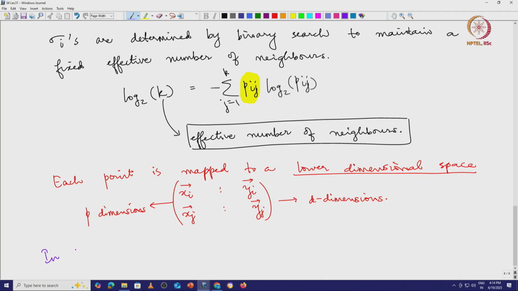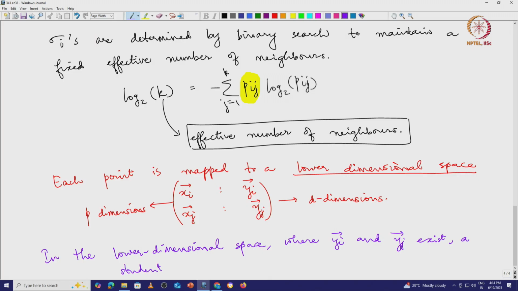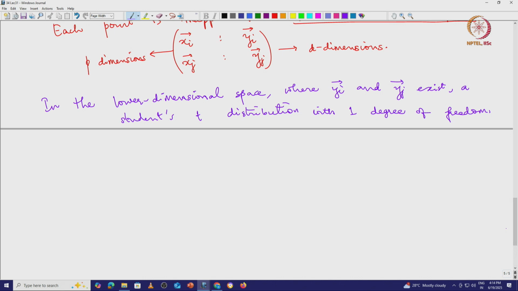So in the lower dimensional space where yi and yj exist, a student's t distribution with 1 degree of freedom essentially that makes you have a heavier tail, which solves the crowding problem in the lower dimensional space.